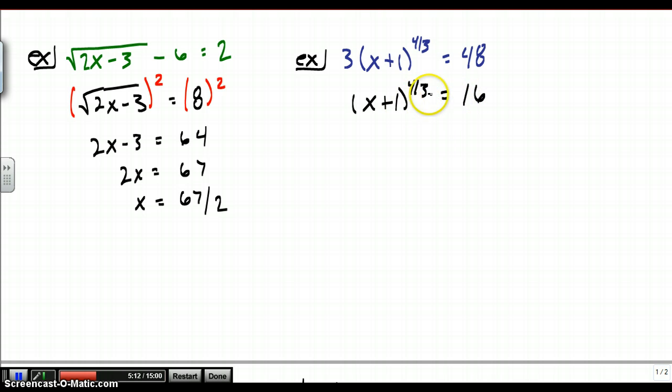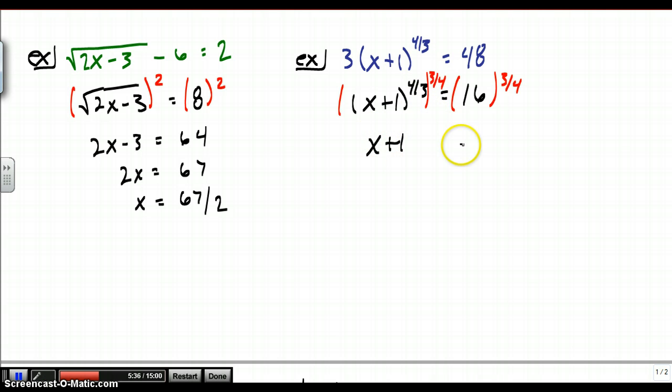And now I'm going to have to raise both sides to some power to get rid of this exponent. So I'm going to raise both sides to the reciprocal of 4/3, which is 3/4. So I'm raising both sides to the 3/4 power. And again, I raise it to the reciprocal because when I multiply these powers, they cancel to 1.